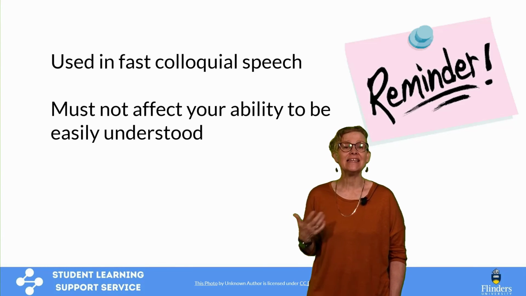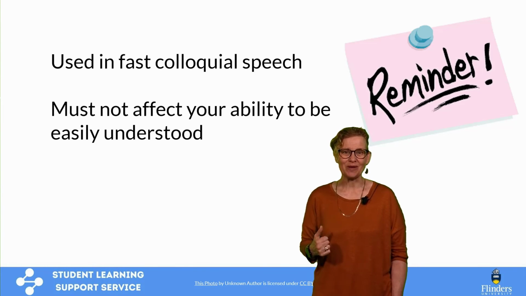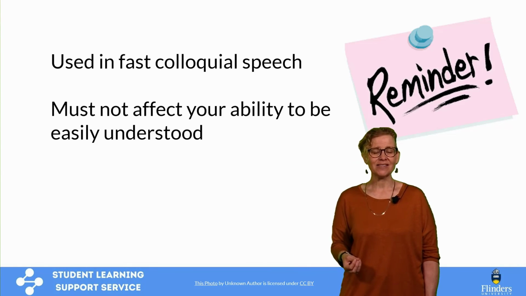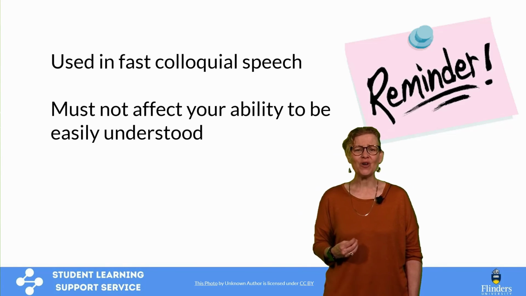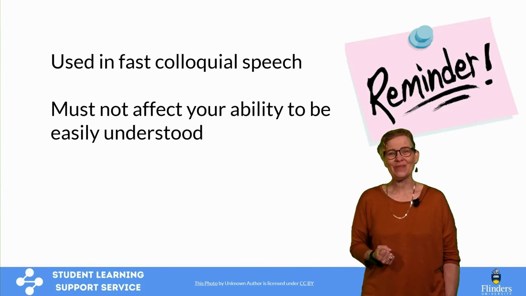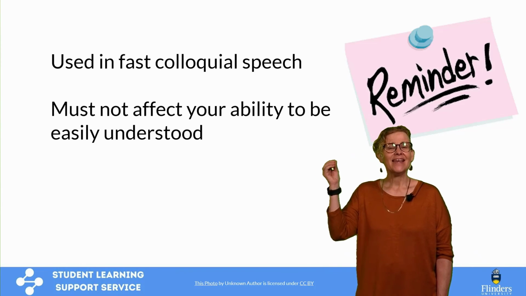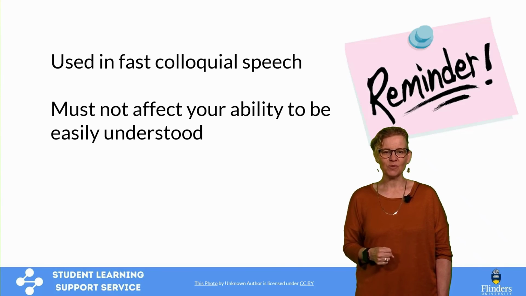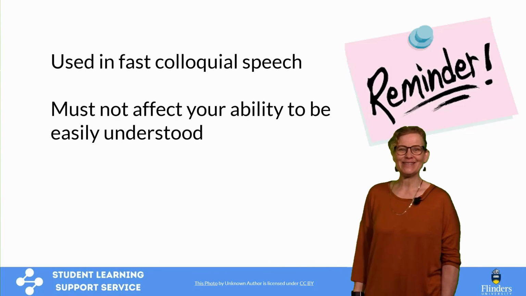It takes many years to get yourself to a position of being able to use assimilation fluently in such a way that you're understood. But I think you should play. Have a go, particularly by yourself. Okay, but remember, it's fast colloquial speech. Don't use this in formal situations, such as an IELTS test.